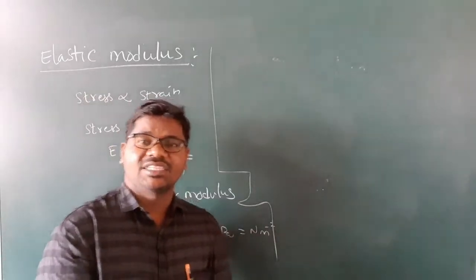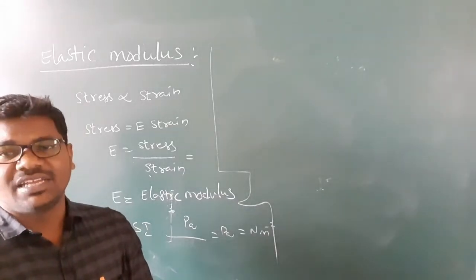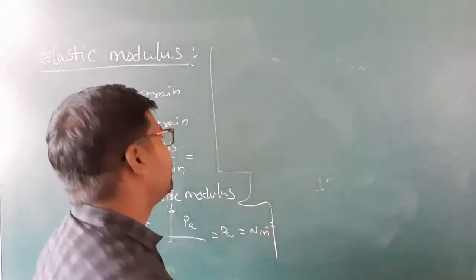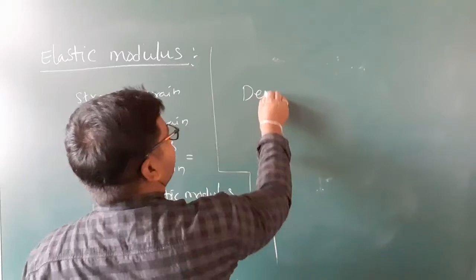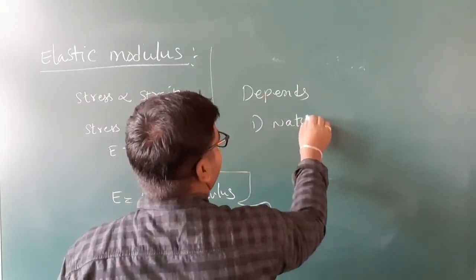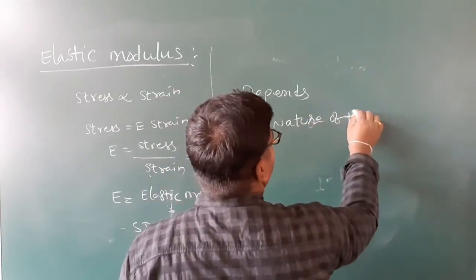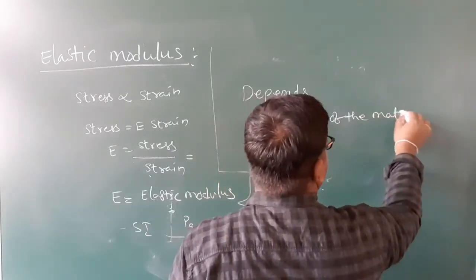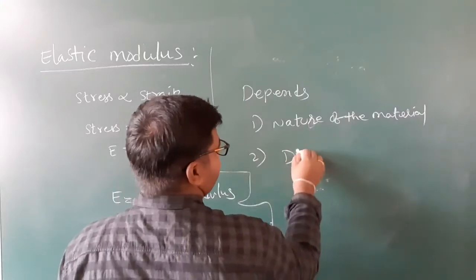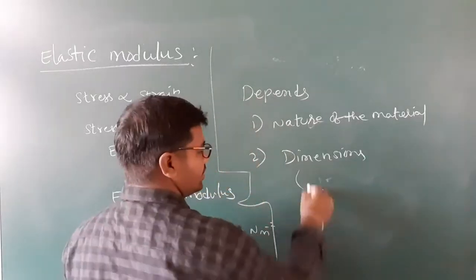What is elastic modulus? The ratio of stress to strain is called elastic modulus. Here elastic modulus depends on, first, the nature of the material, and second, dimensions. What are dimensions?